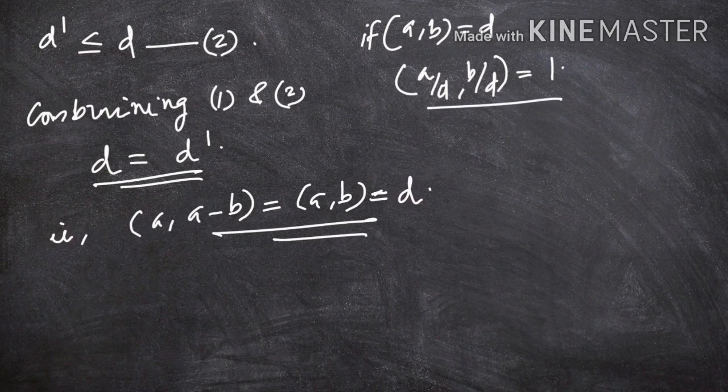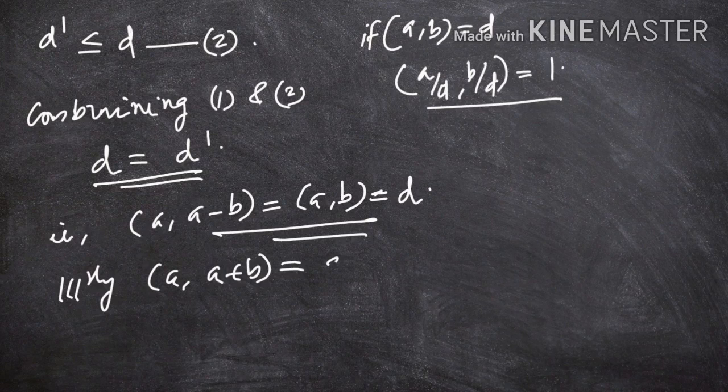And we have proved that GCD of A comma A minus B is equal to GCD of A comma B. Similarly we can prove that GCD of A comma A plus B is also equal to D. You can prove this as an exercise.